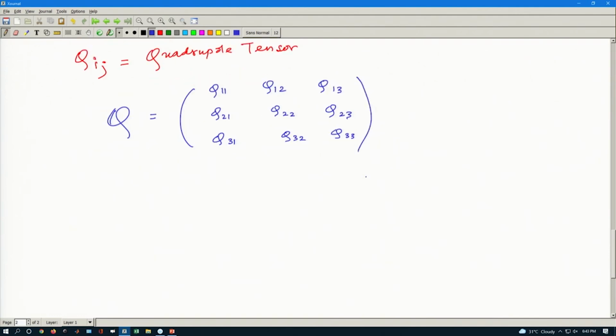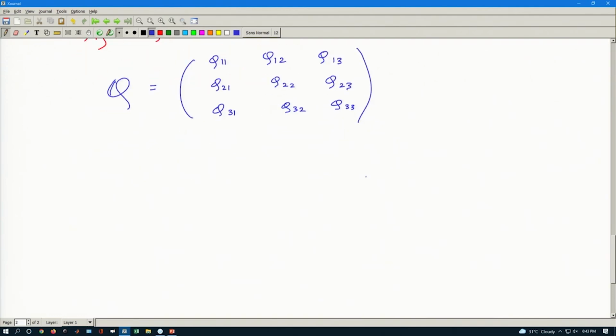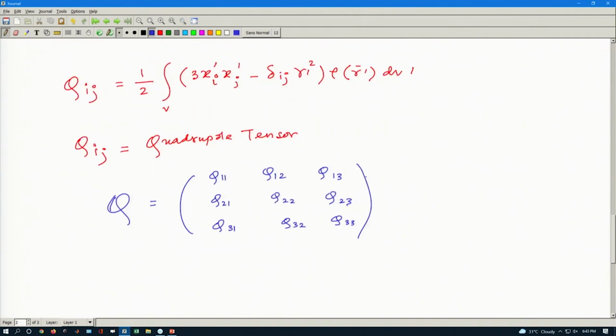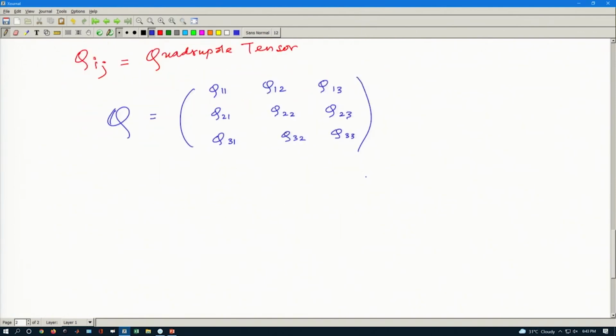Okay, fine. But I also have another important piece of information, and that is the symmetry. You can see that Q_ij is equal to Q_ji.